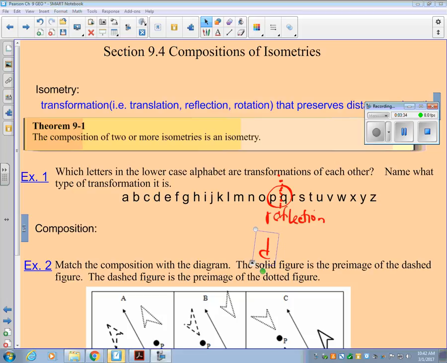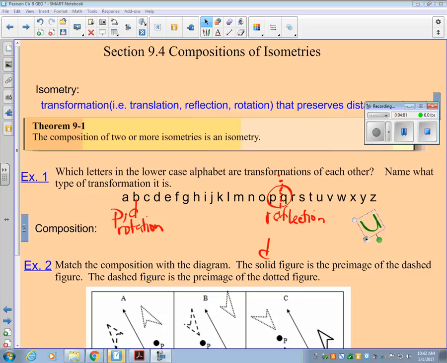So we can do P and D, and then B, using a rotation. B and D are a reflection. Go ahead, Jesse. N. So here's N. Reflection or rotation?